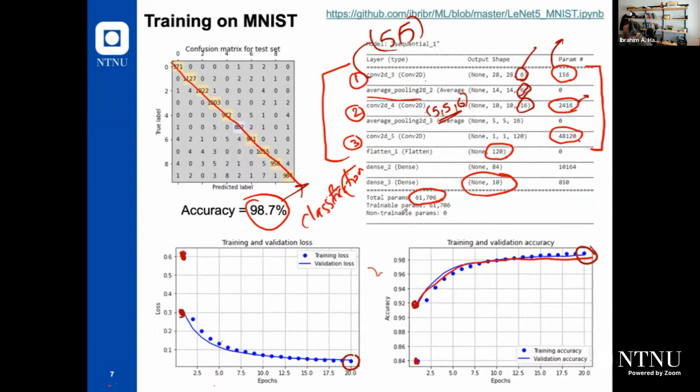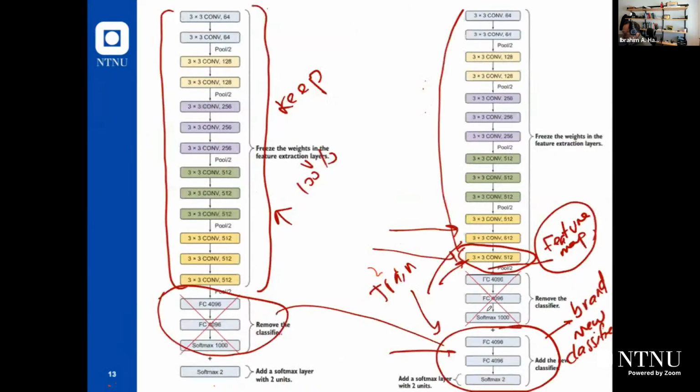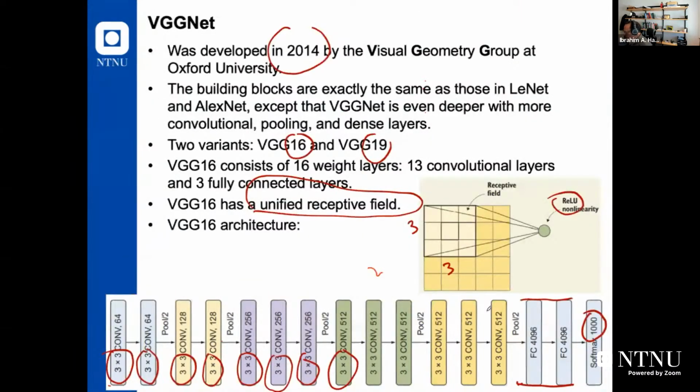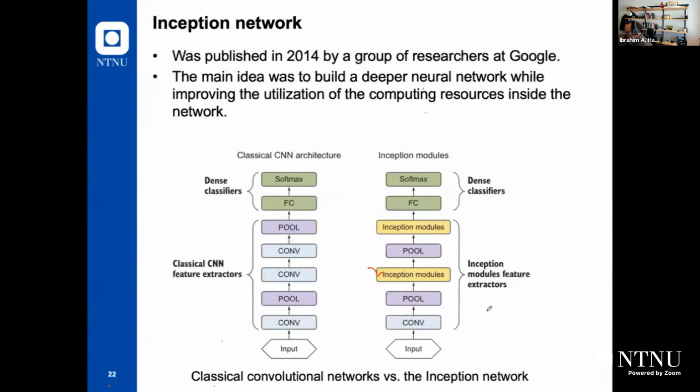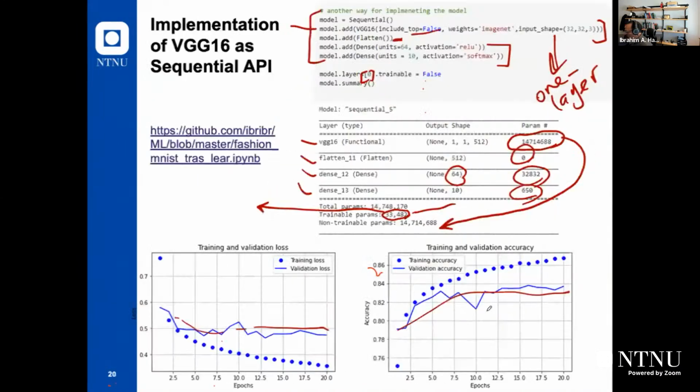The number of parameters here is 61,000, right? And this model has been trained using 20 epochs. So the performance here is much better, right? Compared to this larger model, VGG16, for example.